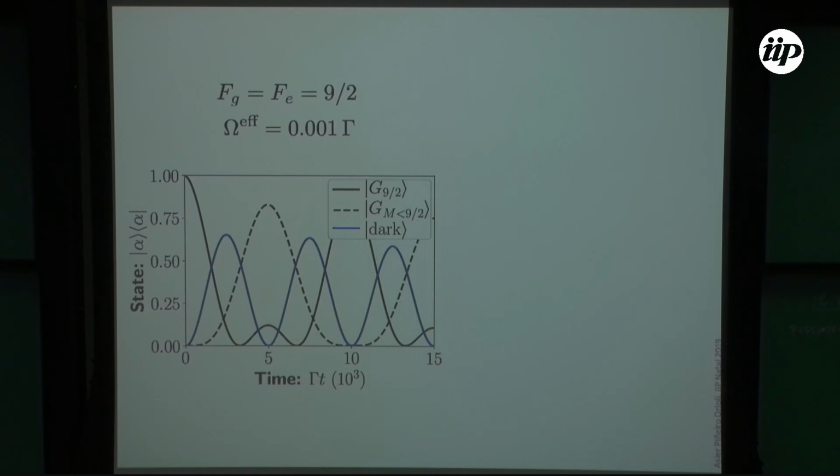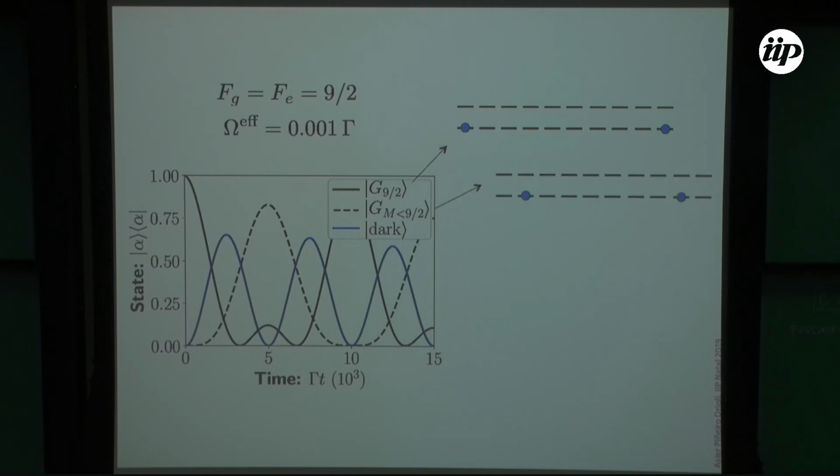And here's an example for the other case, the case that I was saying about before, with a total angular momentum of 9/2. And here we start instead with a ground state like this, with the atoms on opposing ends of the Zeeman sublevels. And you can think of preparing this, for example, by optical pumping.